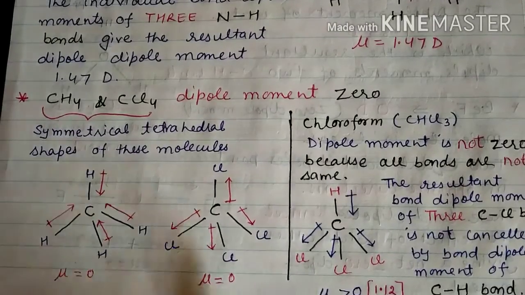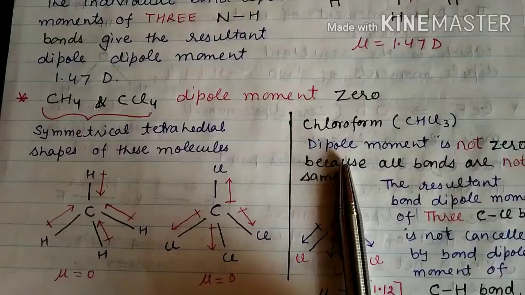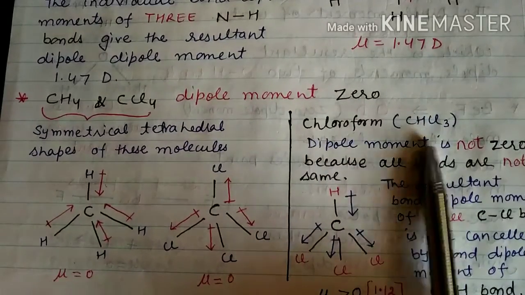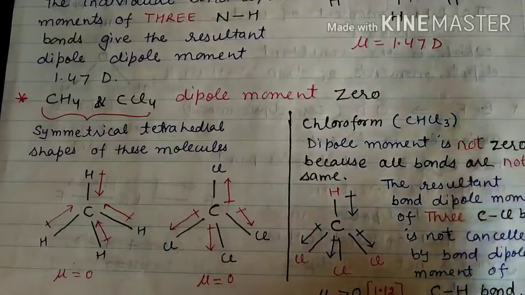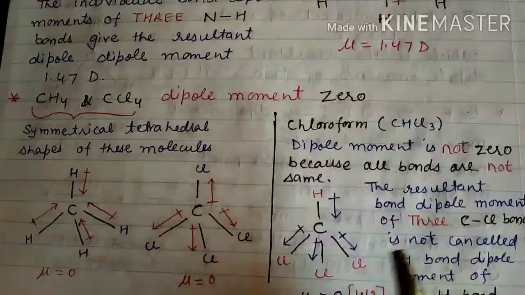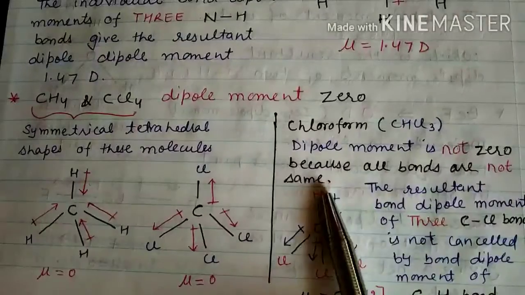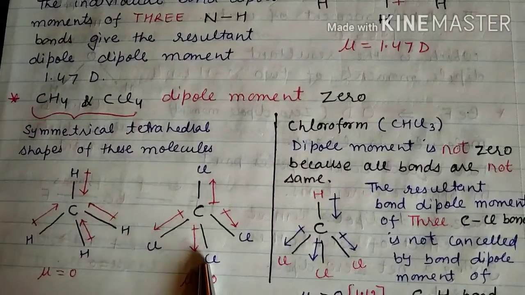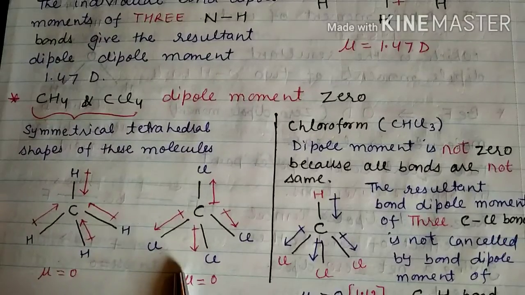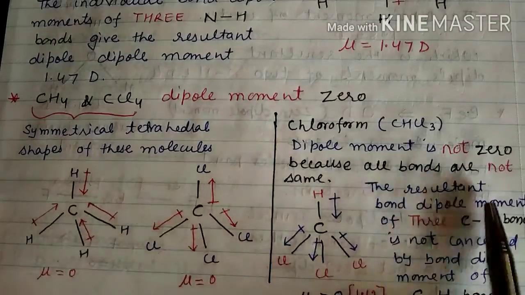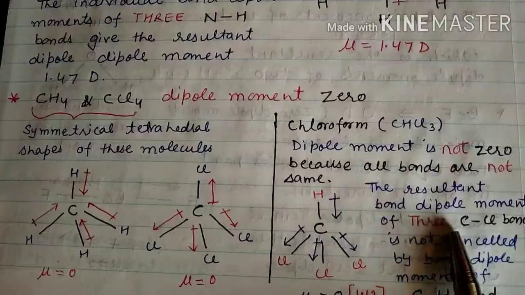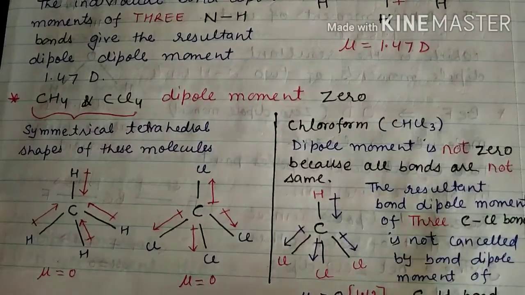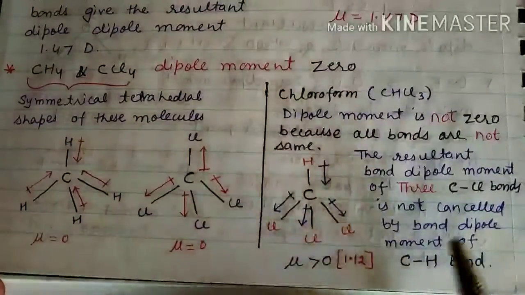But in case of chloroform, CHCl3, which is a derivative of methane, the dipole moment is non-zero. Why? Because all bonds are not the same. But in case of methane and carbon tetrachloride, all bonds are the same. This is the reason that the resultant bond dipole moment of the 3 CCl bonds is not cancelled by the bond dipole moment of the 1 CH bond.